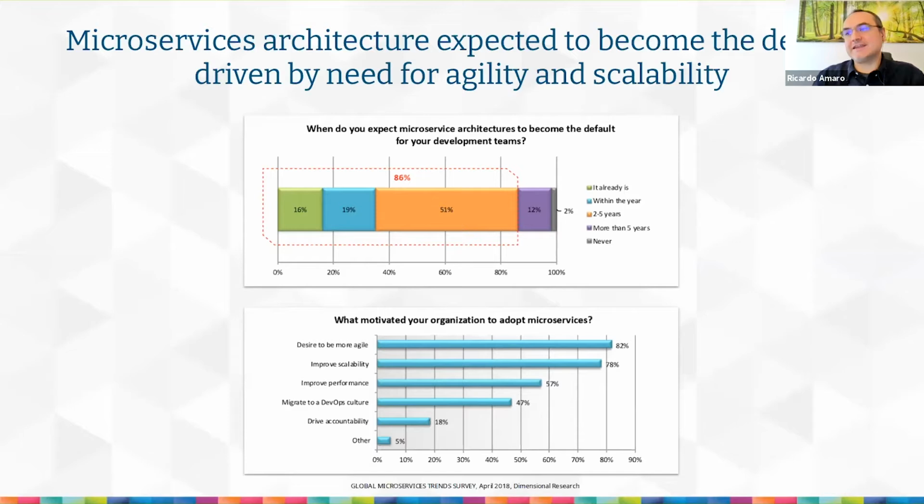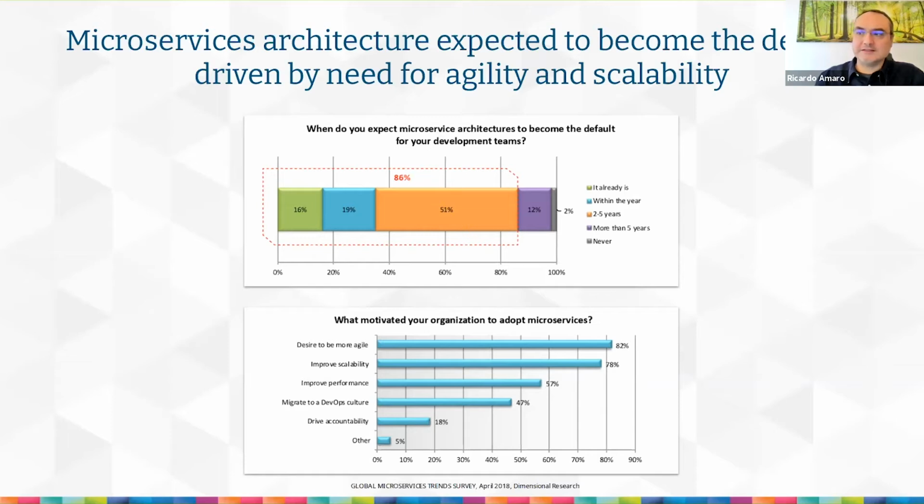This is actual data from the Global Microservices Trend Survey, which is really interesting. We can see here from the survey that the growth in use of microservices is remarkable. But many organizations are still starting, and it's not expected to slow down.